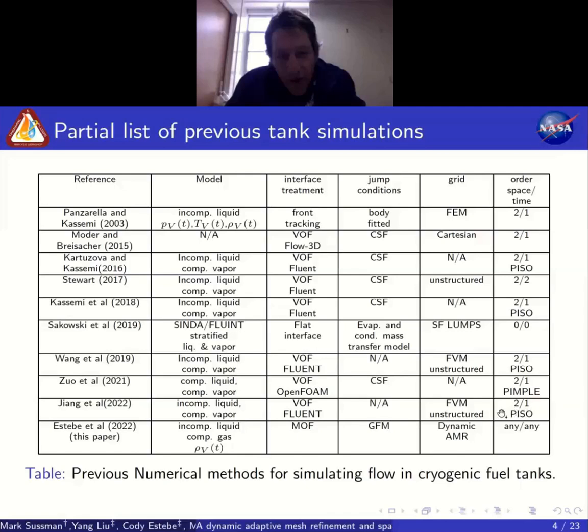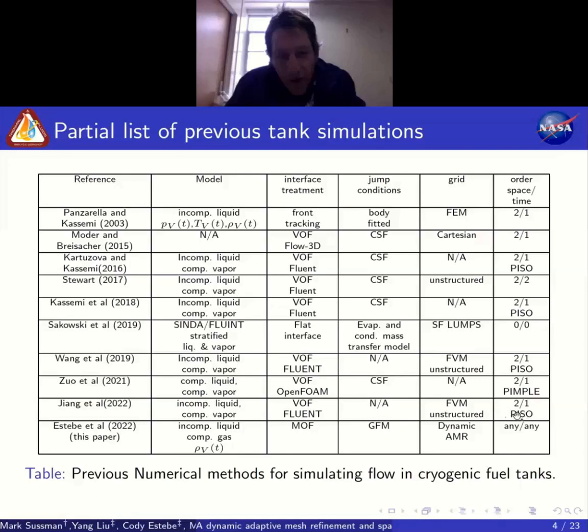Many people simulate the liquid as an incompressible fluid, and they simulate the gas as a compressible fluid. And since the gas is simulated as a compressible fluid, if one is simulating the complete set of compressible equations, then acoustic waves must be taken into account.